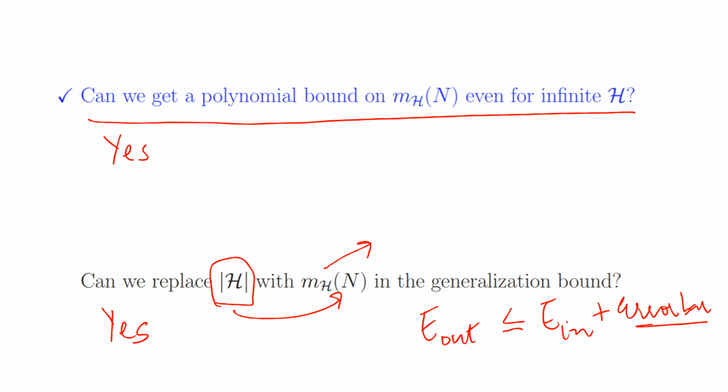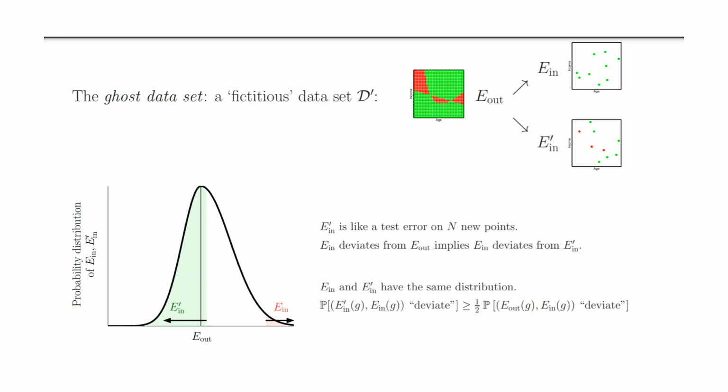How is it useful in getting E in close to E out? That was the original thing. There is a rigorous proof given in the textbook for those who are interested. But from the perspective of the course itself, I'm giving you a high-level idea of how the proof works so that we can create a relationship here with E out. And that's what we're going to look at now.